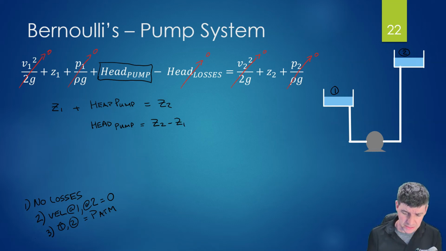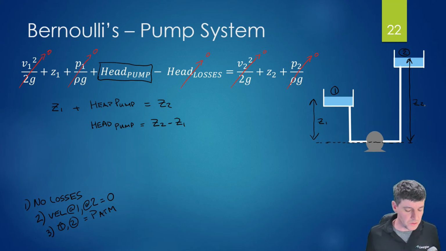So if I come back to my diagram, just like I did before, maybe I assign some heights based off of my center line of my pump. Okay, so in this case, I would have some Z1 value, and over here I would have some Z2 value.